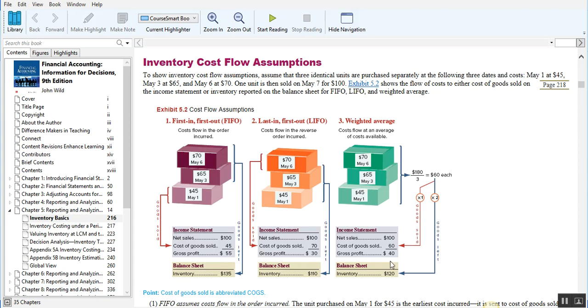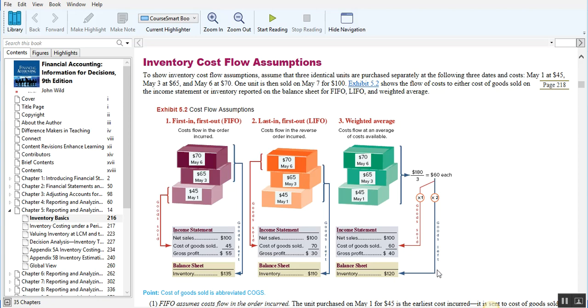Then when you get to weighted average, this is right between FIFO and LIFO. It's going to be a calculated weighted average for all the goods purchased so that you'll have essentially a gross profit that will come right between what you would get with FIFO and LIFO, and the same thing for inventory costs.